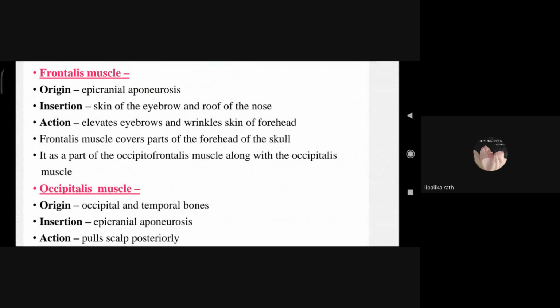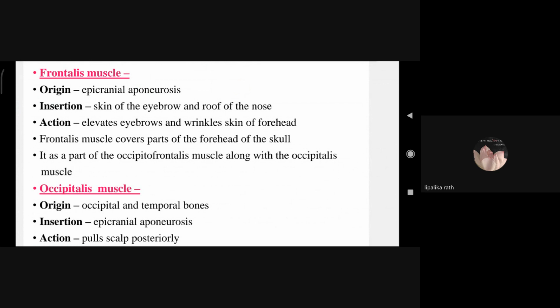So when we are widening our eyes open, this muscle is acting as a contractor. It means this muscle is contracting and our eyes can be widened. It is elevating our eyebrows and wrinkling our forehead.